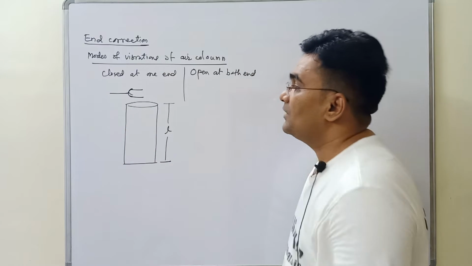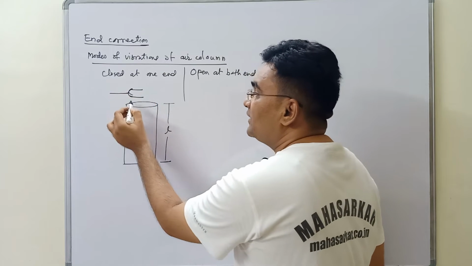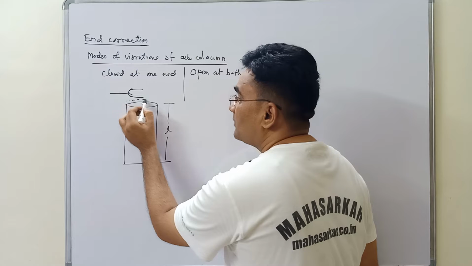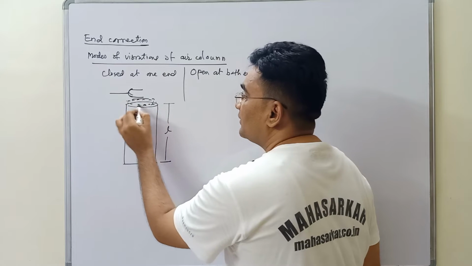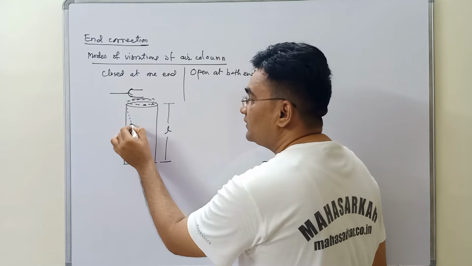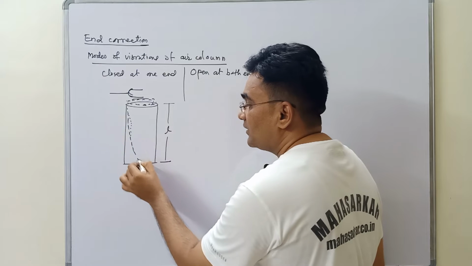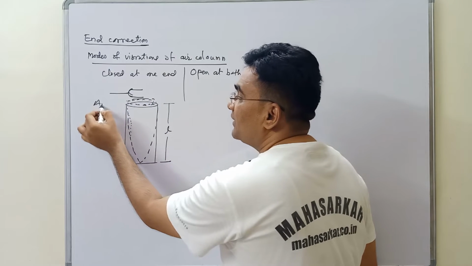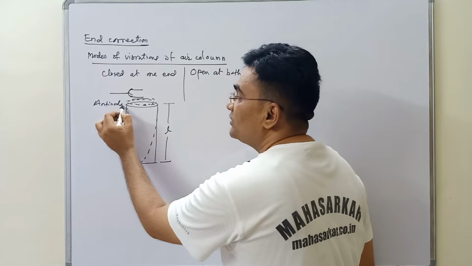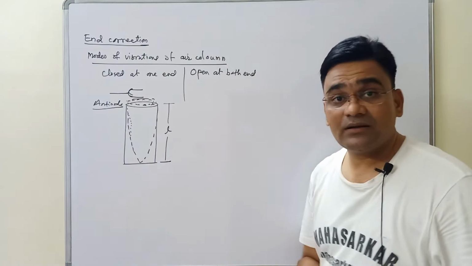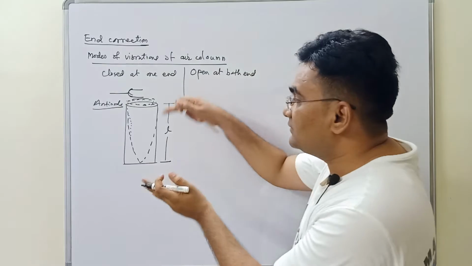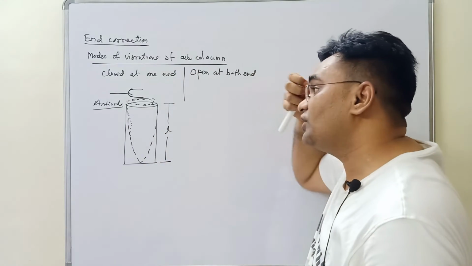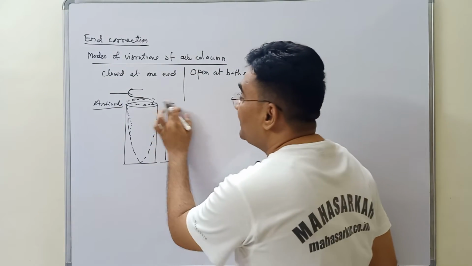Then, because of the impact of that vibrating tuning fork, antinodes will be formed somewhere here. And these will travel to the closed end of the pipe and be reflected back. So at the open end, compulsorily an antinode is forming.